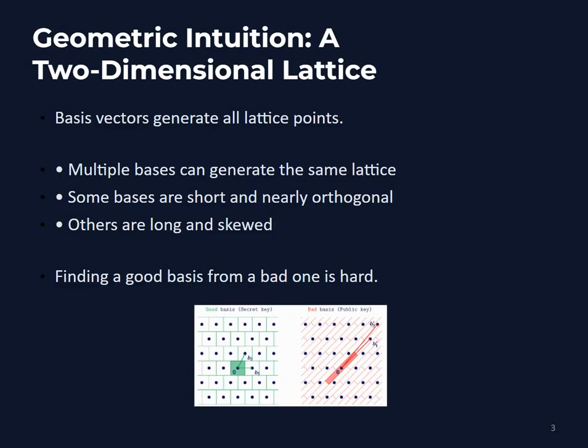This also helps explain early lattice crypto systems such as the GGH protocol. In GGH, the public key is a bad skewed lattice basis, while the private key is a good short basis. Those are used to solve the shortest vector problem.